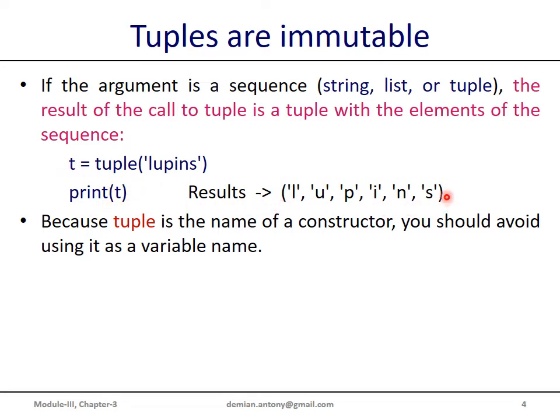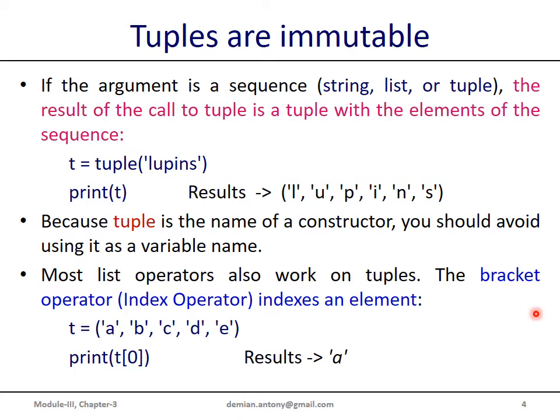You can see the parentheses with individual elements which are the characters of this string. Since tuple is a built-in name, one should avoid using that name as a user-defined program element like a variable name or a function name, etc.